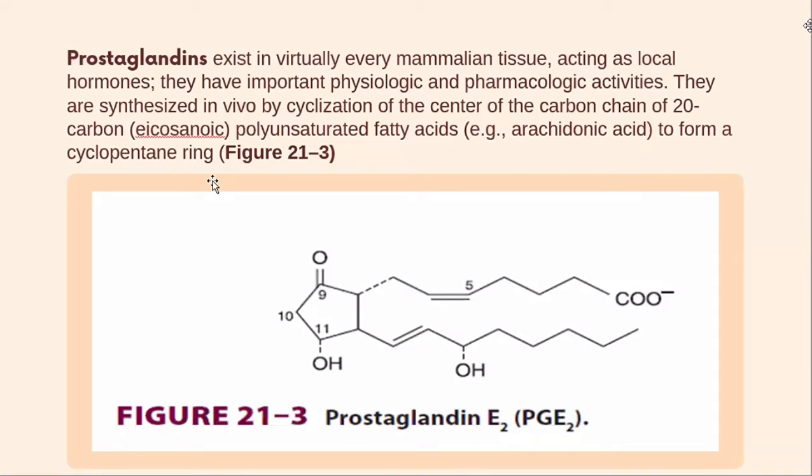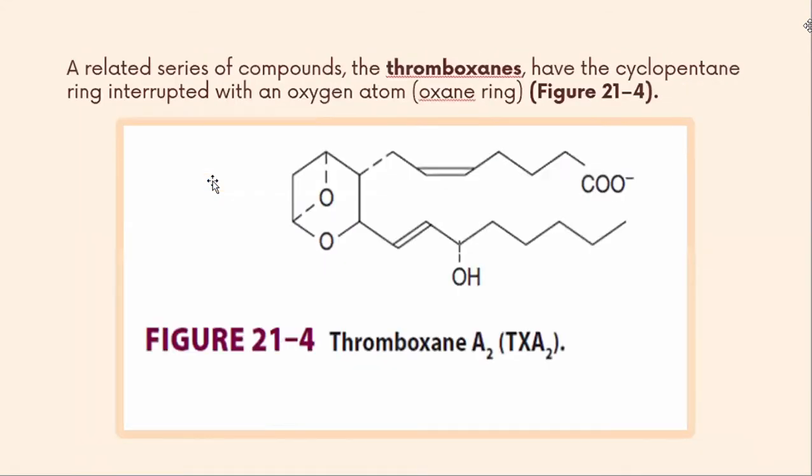So found in the book also at Figure 21-3 is prostaglandin E2. A related series of compounds, the thromboxanes, have the cyclopentane ring interrupted with an oxygen atom, or the oxane ring, found in Figure 21-4 in your book: thromboxane A2, or TXA2.